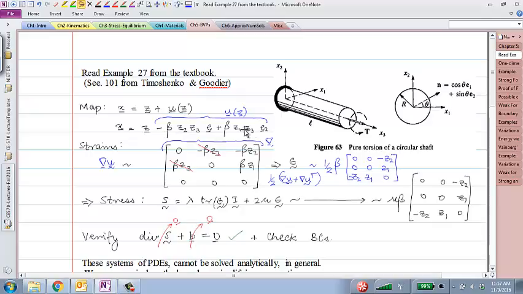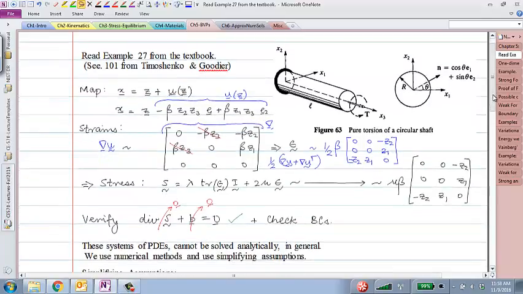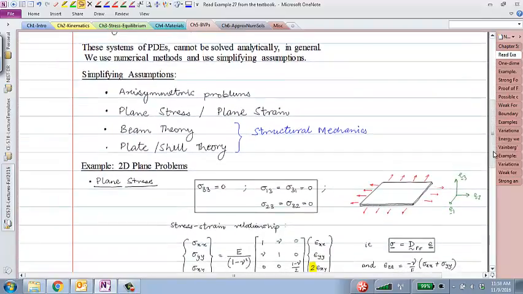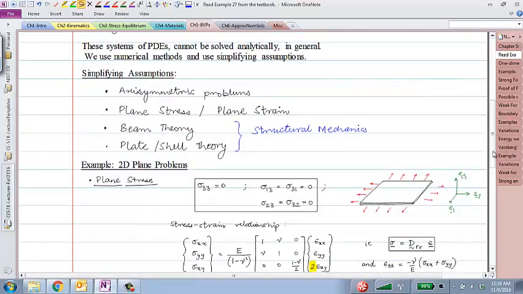But keep in mind again, we neglected the body force, and this body itself is a simple circular bar under a uniform torsional moment. So it's not a very complicated problem, and only then are we able to generate these types of exact solutions. In general, as I said, these exact solutions are not easy to come by. For anything reasonably complicated geometry, there's usually not an exact solution that you can find.